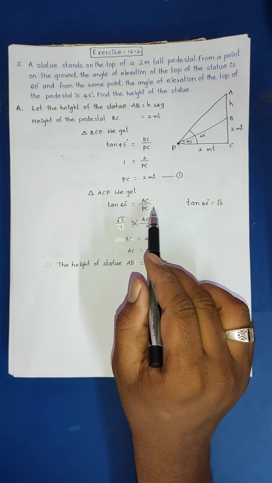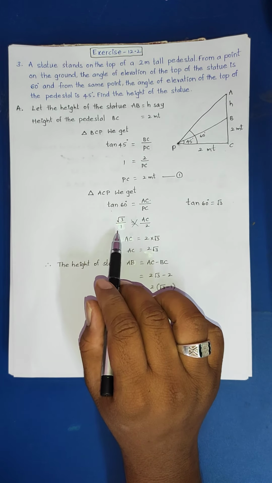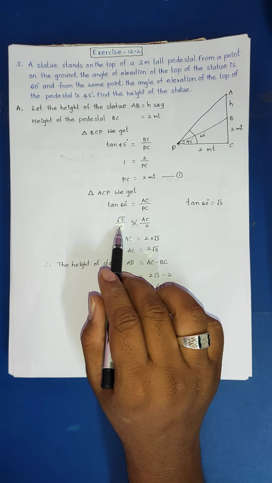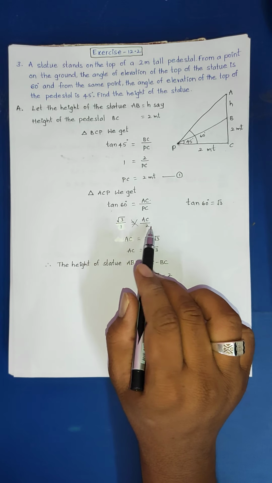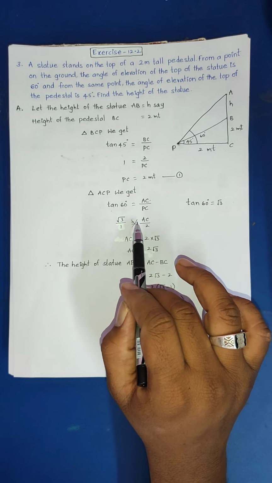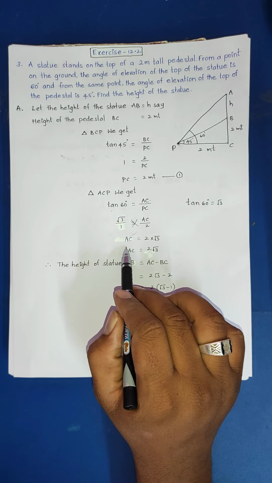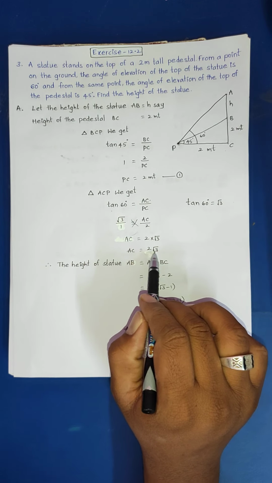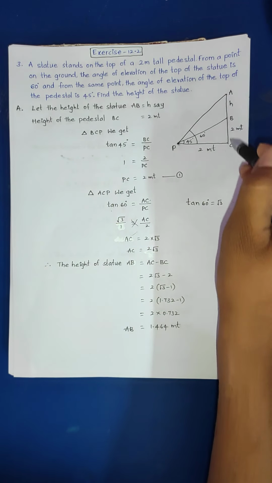Opposite side AC, adjacent side PC. Tan 60 value is √3. For our understanding, I have written denominator 1, is equal to AC by PC, value 2. Do the cross multiplication. AC 1 is AC, 2 into √3, 2√3. Now we got the value of AC.